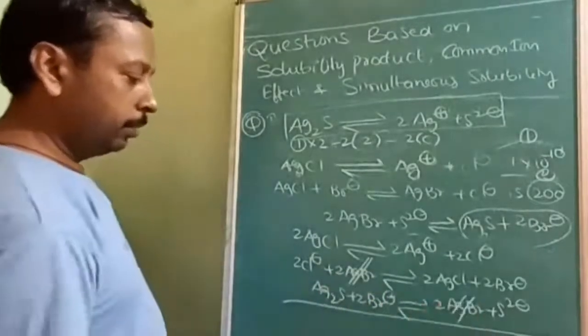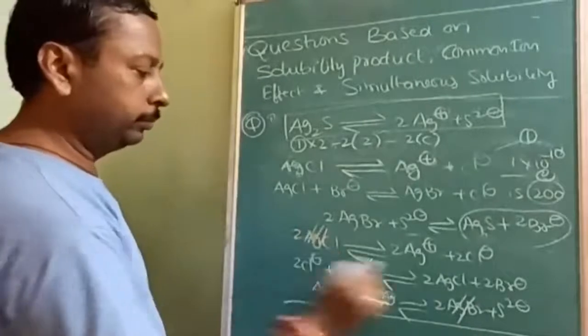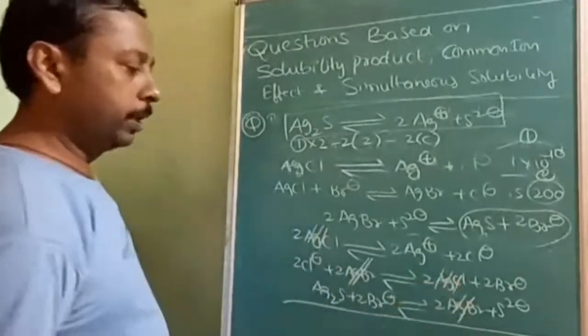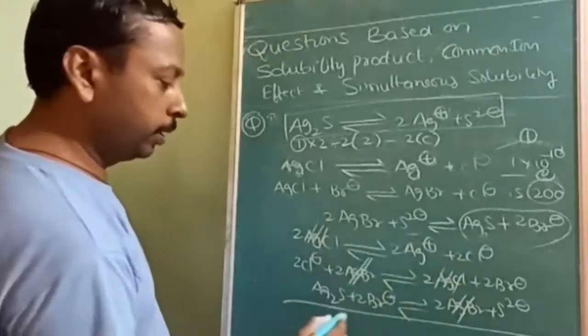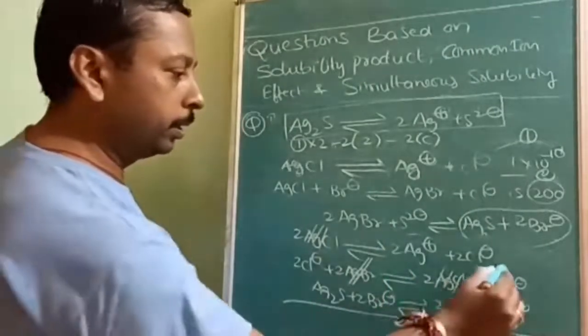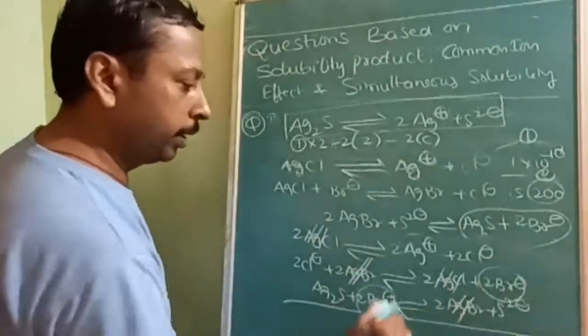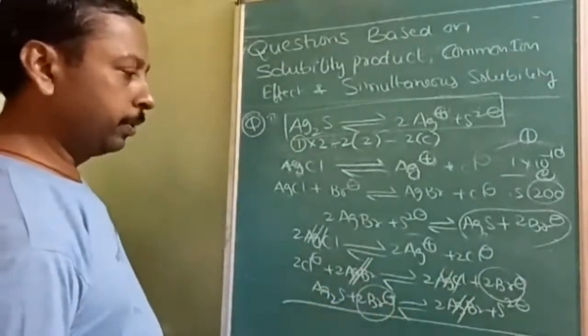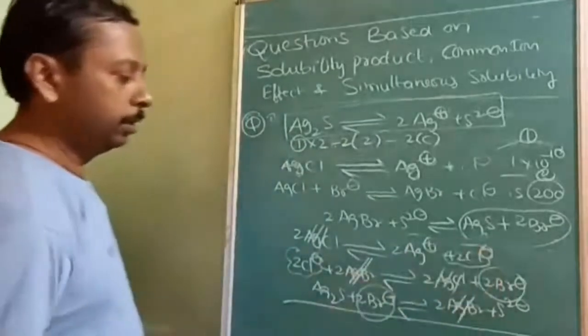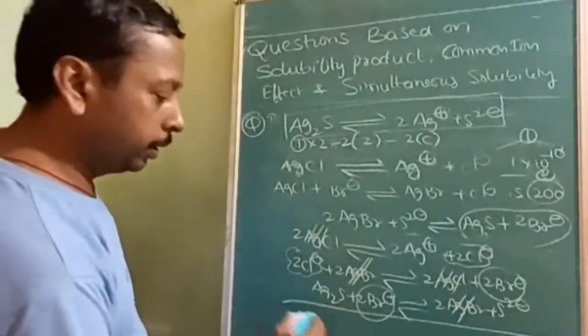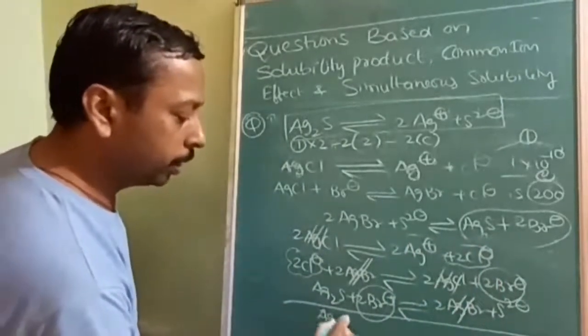AgBr and AgCl will get cancelled, and Br minus and Cl minus are also getting cancelled. So finally, what we get here is Ag2S.